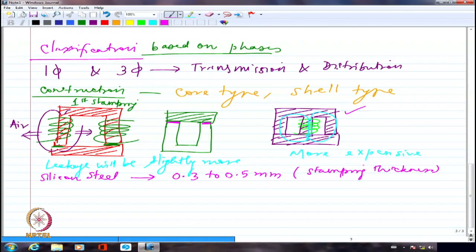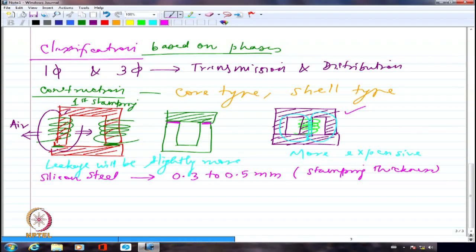That's one reason why three-phase transformers are normally made up of 3 single-phase banks. We never make the three-phase transformer directly as a three-phase transformer. We try to make 3 single-phase transformers, connect them in star or delta externally, so that when you transport, it becomes simpler.